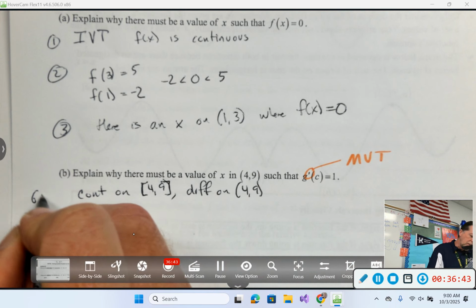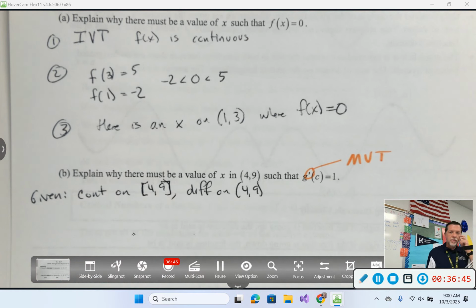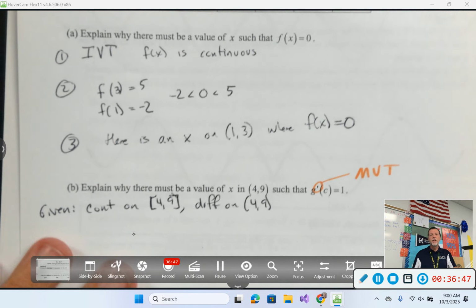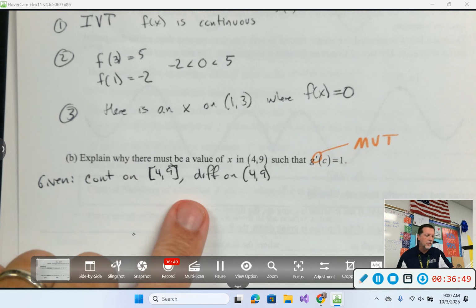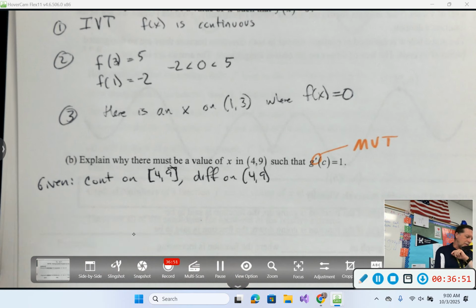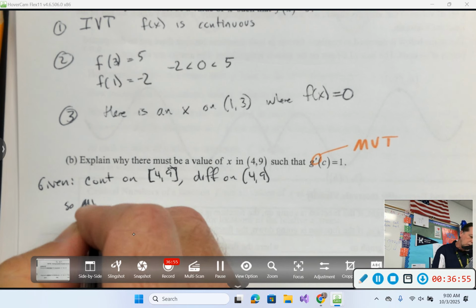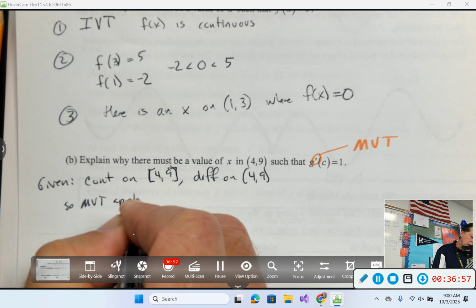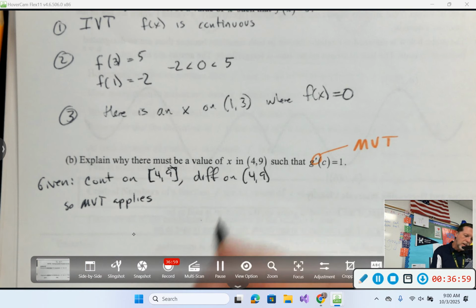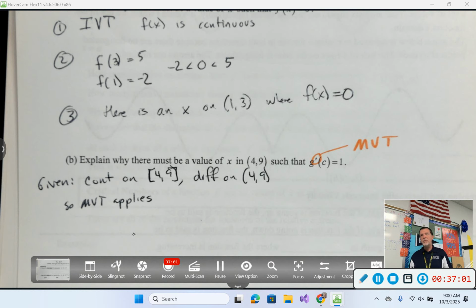Both of those were given to us. Well, sort of. I guess the continuity wasn't given, but differentiability implies continuity. So MVT applies.